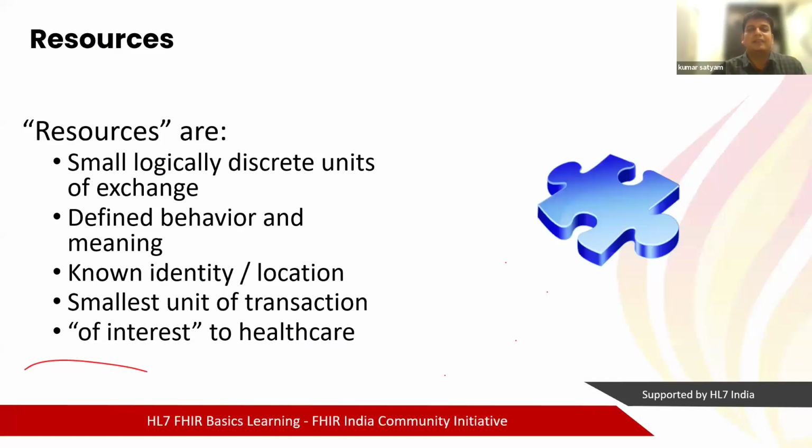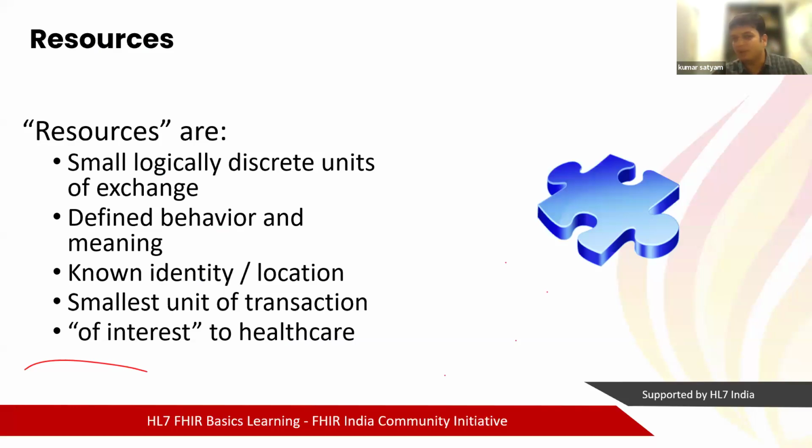All right. So the first key concept that we need to understand in FHIR is what are resources. Without going into what is written on the presentation, I would say resources are the basic building blocks of FHIR.